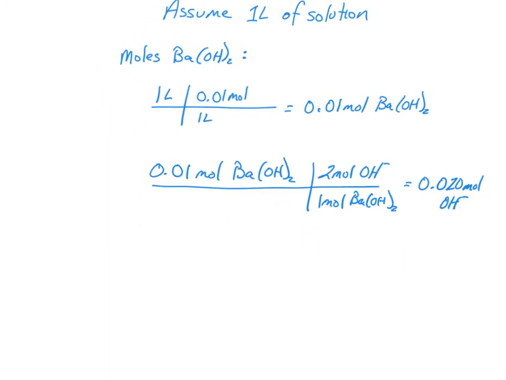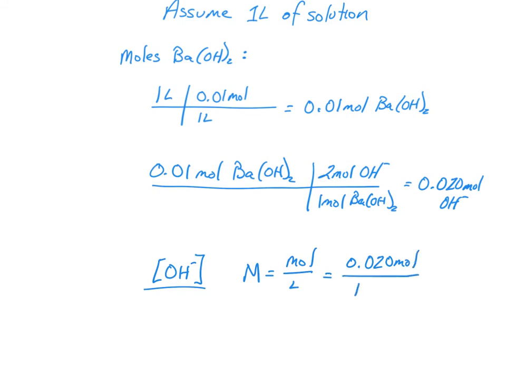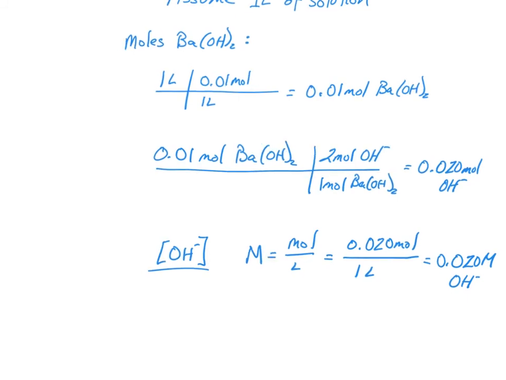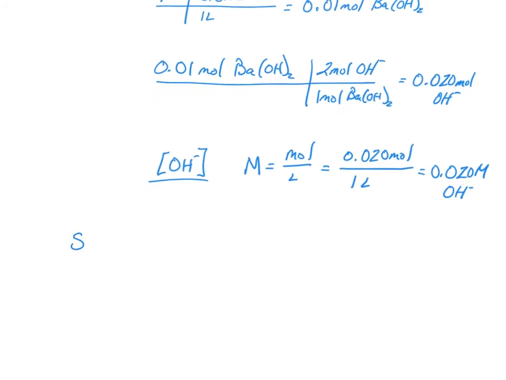So that doesn't quite help me because I want to find the concentration of OH minus instead of moles. But we know that molarity is the moles divided by the volume. And so I've got 0.020 moles divided by my volume, which is 1 liter, which gives me 0.02 molar hydroxide in our solution.